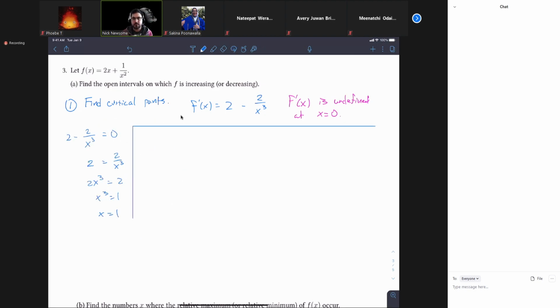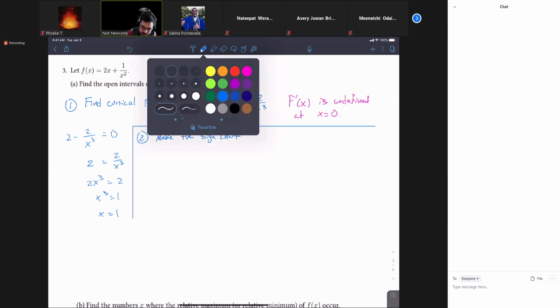All right, so that's the first step. Find the critical points. Second thing, make that sign chart. Okay, so we have our number line, right?